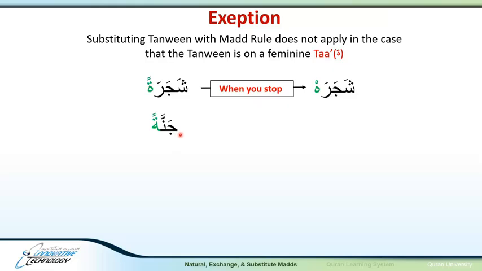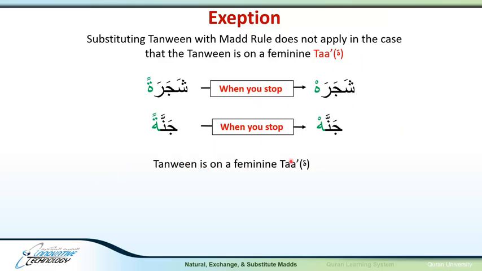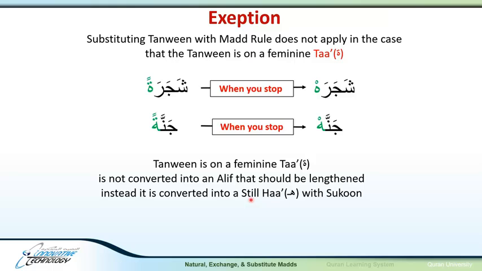Another example, if we stop on jannatan, we say jannah, not jannah. So the tanween, when it is on a ta related to a feminine noun, is not converted into an alif that should be lengthened, but is converted into a ha with sukoon. And in that case, there will be no lengthening.